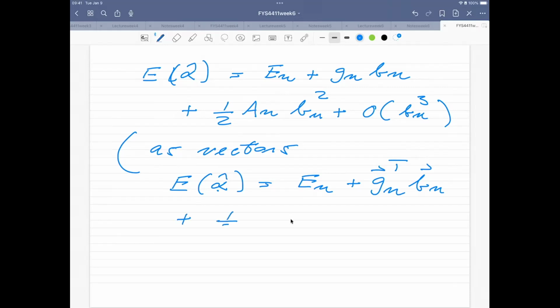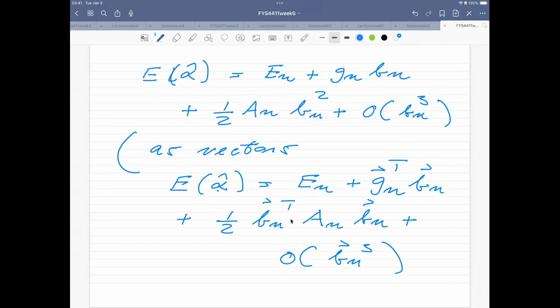Then I have plus 1/2, and then B of n vector transpose times the matrix. This becomes a matrix, and this matrix is the Jacobian. This is the second derivative of E as a vector again, and then we have the higher order terms of B of n to the power of 3 or higher. For those of you who took a course in machine learning, you may remember that this is actually what we did when we derived Newton's method for the optimization.